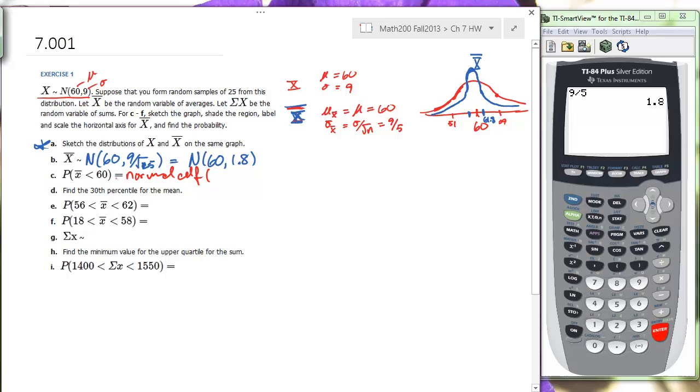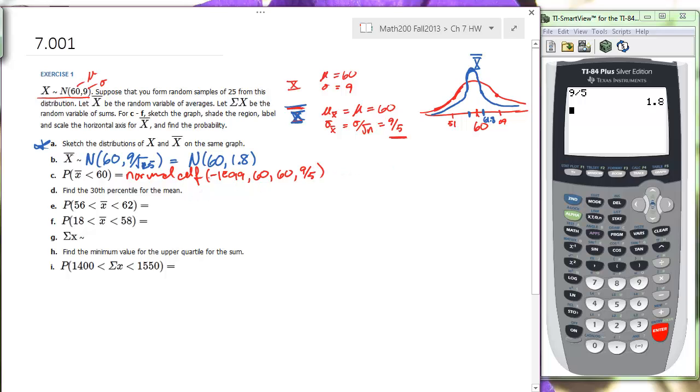So normal CDF, a low of negative 1 E 99, that's negative infinity, the high of 60, the mean of 60, and the standard deviation of our new standard deviation, 9/5.